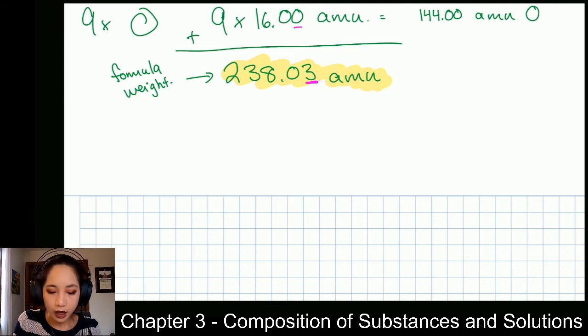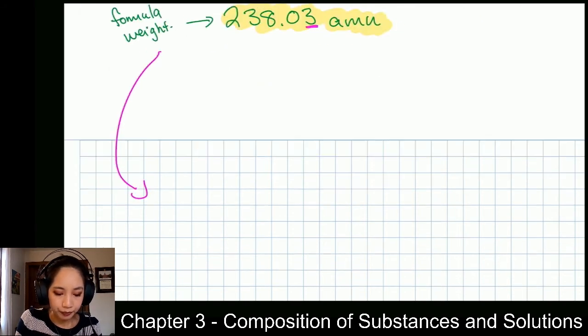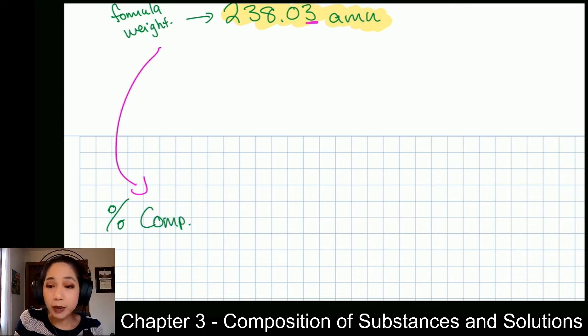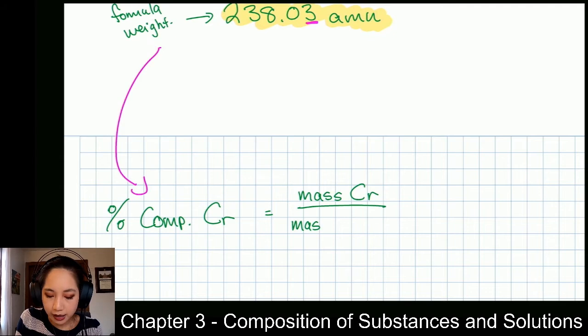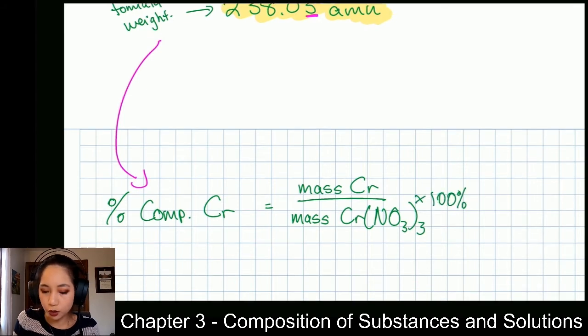Okay, so to get our percent compositions, percent composition by mass of chromium will be equal to the mass of chromium divided by the mass of the whole compound, which is chromium nitrate, times 100% to turn that into a percentage.